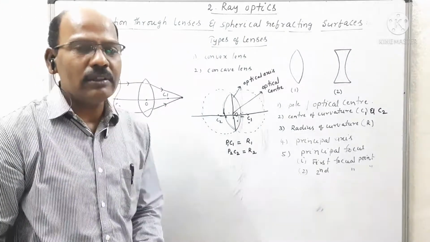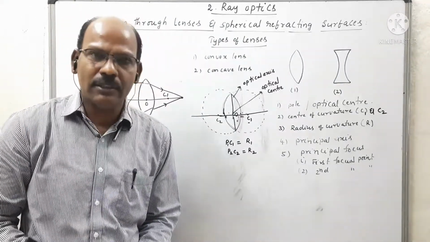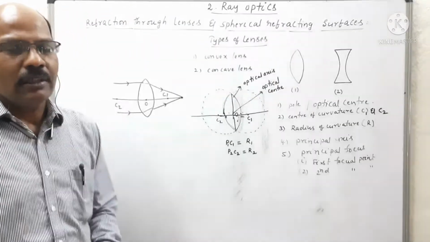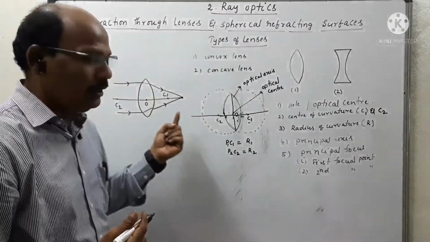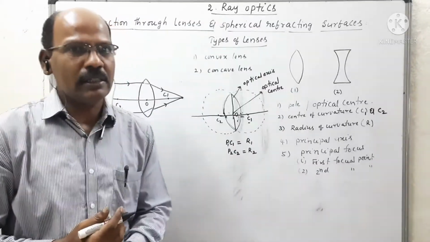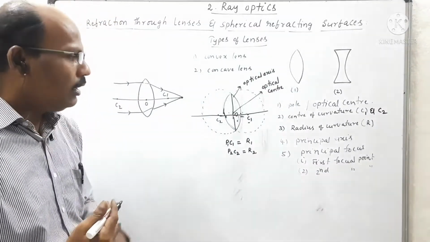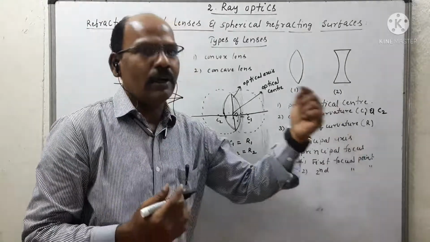The point on the principal axis at which the refracted rays meet or appear to meet when the parallel beam of light strikes the refracting surface is called the second focal point.